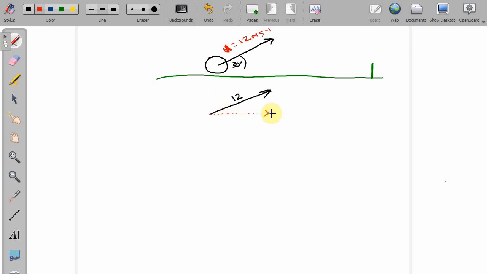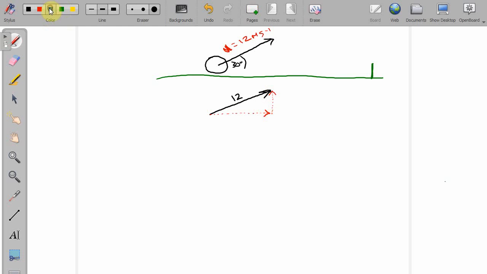And the other one is the height up from the ground, like this. So you've got this vertical component, and that's the vertical component of this vector here, right? So we could call these x and y. We'll say that this is in the x direction because it's horizontal, and this is in the y direction.